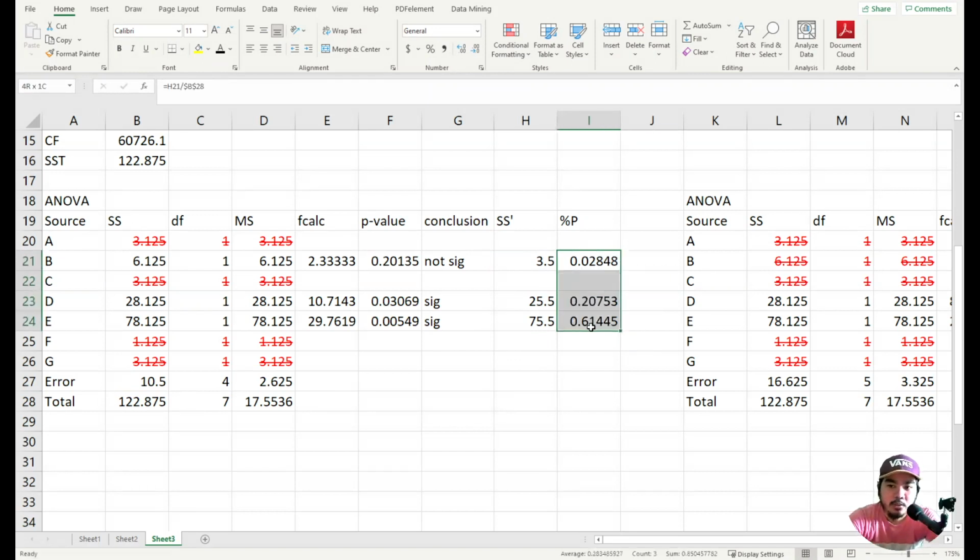Tapos we have this one and we can convert this into percentages. Punta lang tayo dito. Gawin natin percentage. Sinasabi dito is 2.8% of the variation can be attributed to factor B. 20.8% of the variation can be attributed to factor D, and a huge percentage, which is 61.4%, is attributed to factor E.